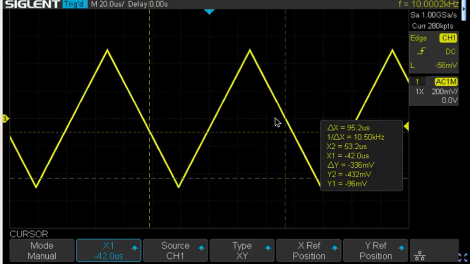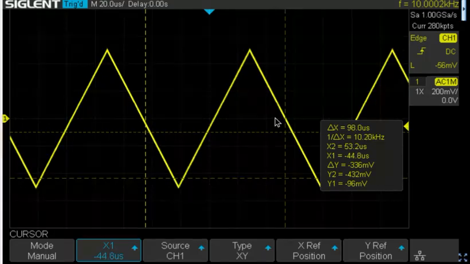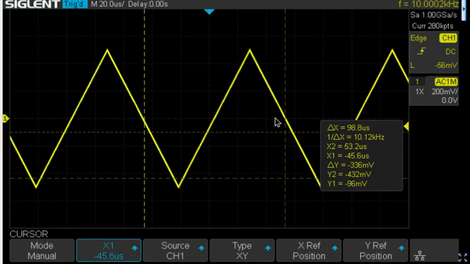This is going to be somewhat arbitrarily touching where this slope touches the zero axis, and then we're going to move the other one right to the same point.